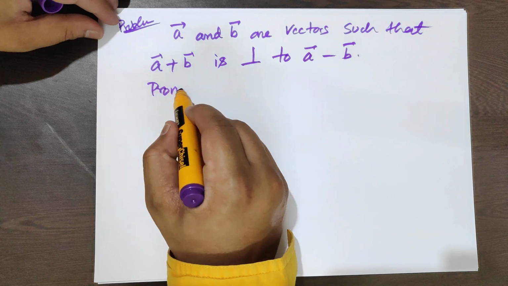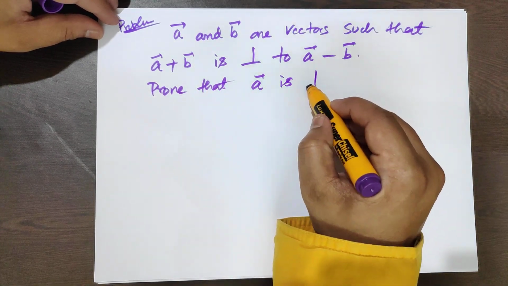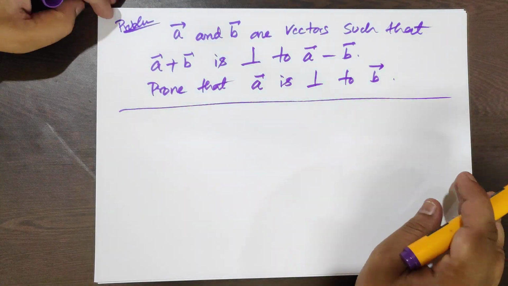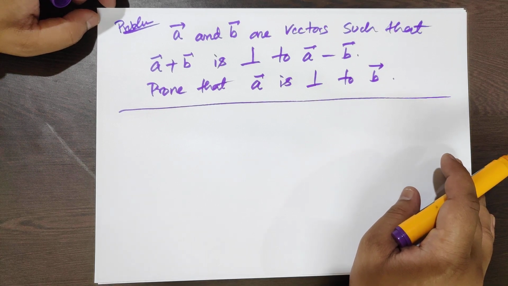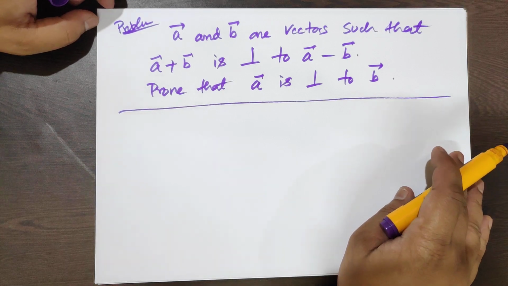Prove that a is perpendicular to b. So that is the question. We have to prove this. a and b are two vectors such that a plus b is perpendicular to a minus b. Prove that a is perpendicular to b.